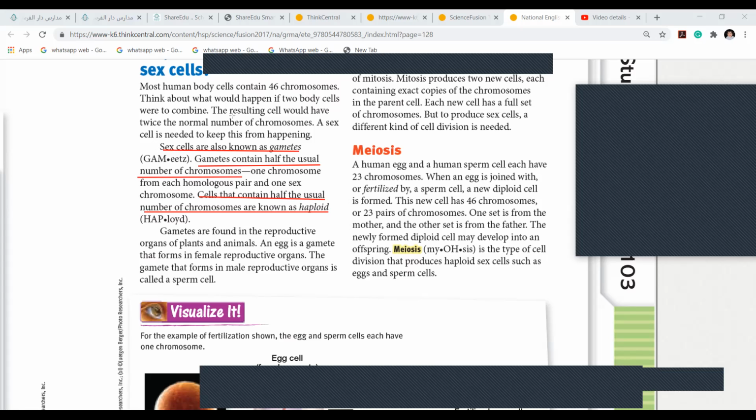Now, what did I say? Sex cells are also called gametes. This is one important piece of information. Sex cells contain half the chromosomes, half the number of chromosomes.